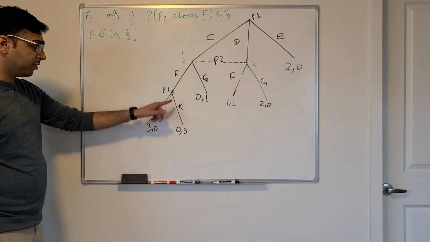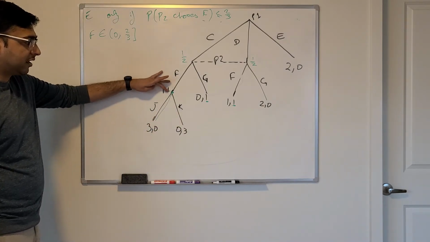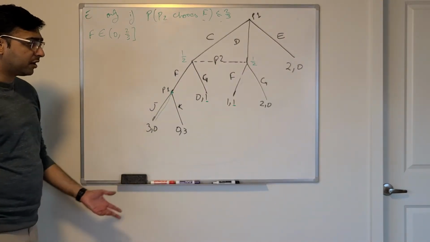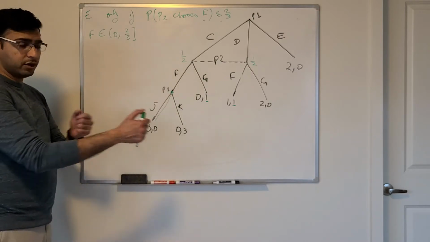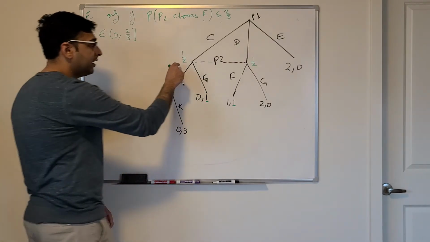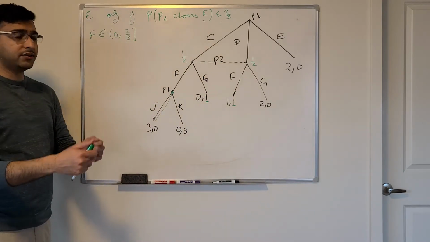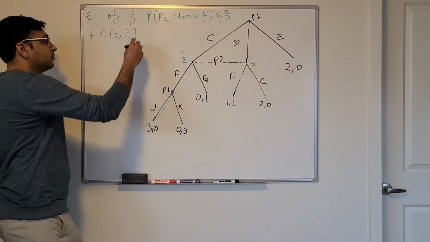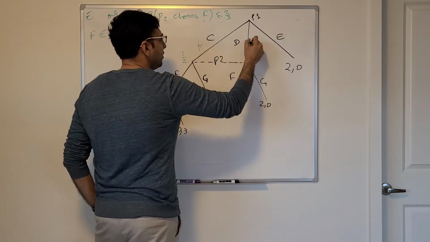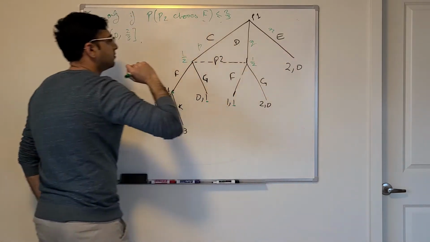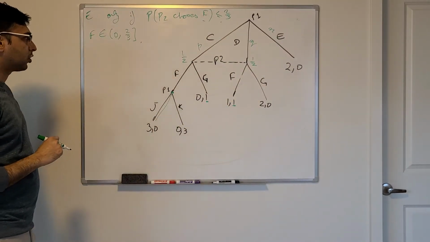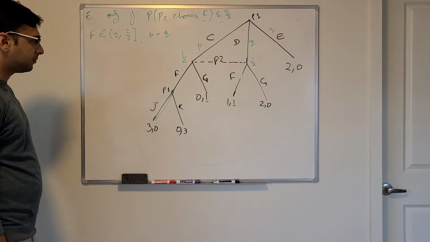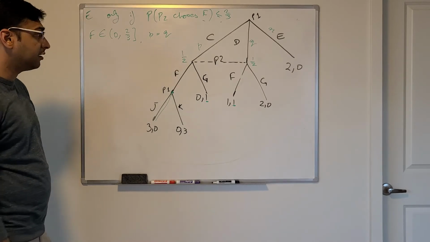You never actually end up here because player 1 always chooses J, so it's as if this game ends for you at 3-0 if you're player 2. So if you're player 2, you're indifferent between choosing F and G only if the weights on these two nodes, on reaching these 2 points, is 1/2, 1/2. Let's call this P, Q and R. Okay. So only if P equals Q. So that's fine.